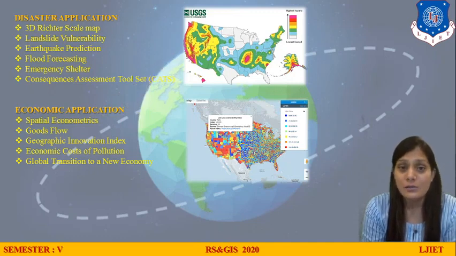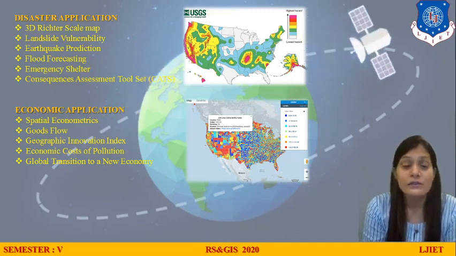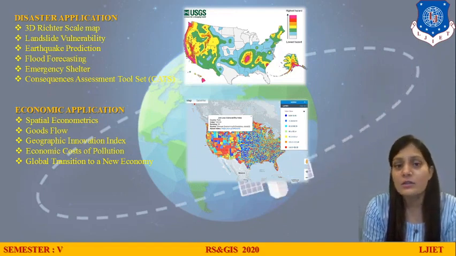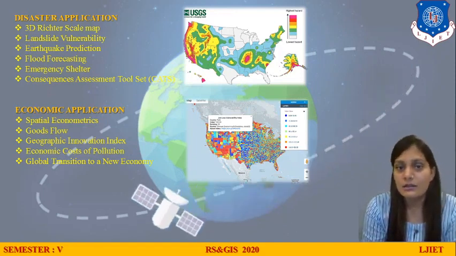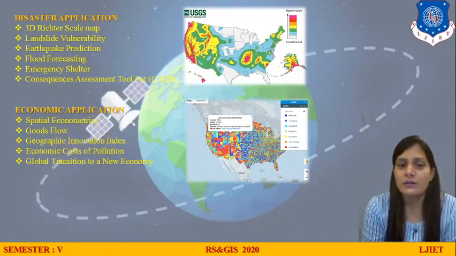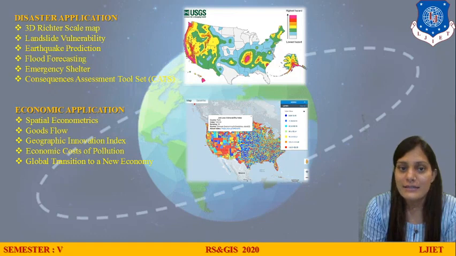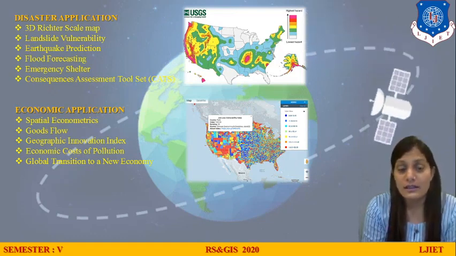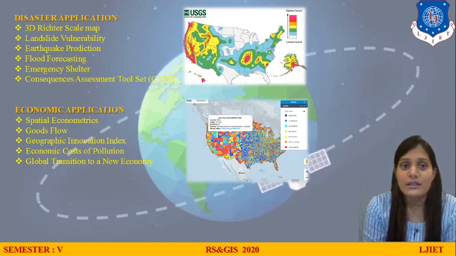The disaster management tool in GIS is very useful for flood analysis. We can do flood analysis very well in disaster management using GIS. Right, so here we are going to see earthquake prediction and flood forecasting. Yes, flood forecasting is very important, so we have to use this technique, and it is very useful.